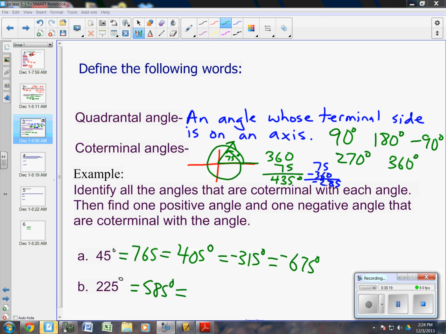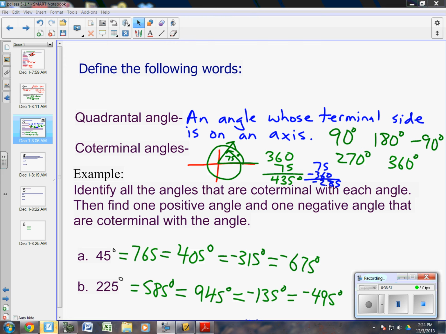This table right here, another one. That table right there, a negative one. That's 45 degrees. We're looking for 225. Negative 135. That table right back there, another negative. Negative 495. Any questions on this? Does everybody agree with those?